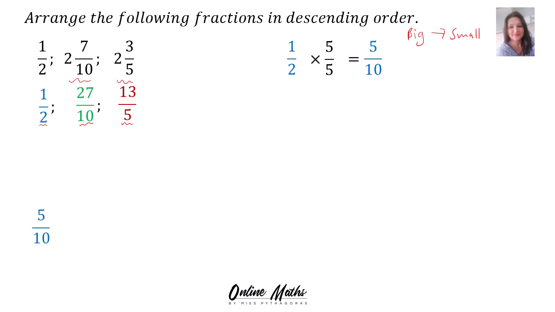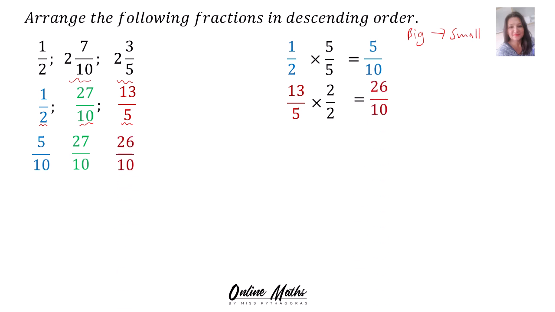So under a half you write 5 over 10. 27 over 10 is already over 10, nothing we do there. And then the 13 over 5, we will multiply both numerator and denominator by 2. So we end with 26 over 10. So under 13 over 5, we will write 26 over 10.